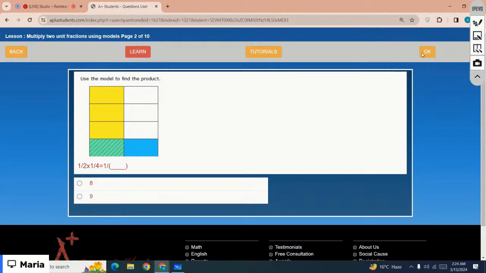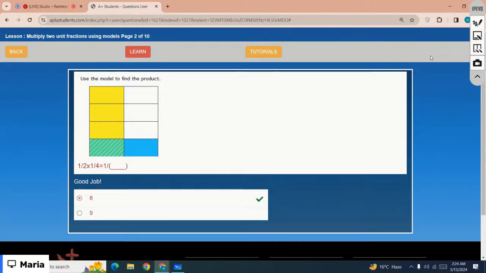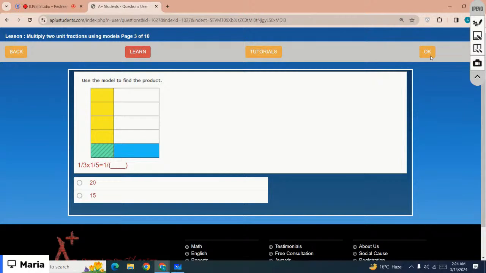So which is the correct option? Yes, that is 1 out of 8. Option number 1 is the correct option. Use the model to find a product. So which is the correct option? 1 by 3 times 1 by 5.